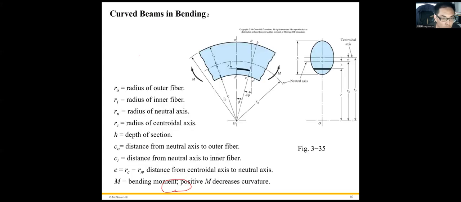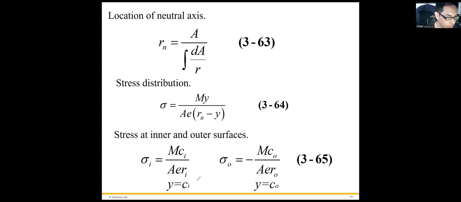When y here equals ci, ci is the distance from the neutral axis to the inner face. That means this distance, y equals ci.